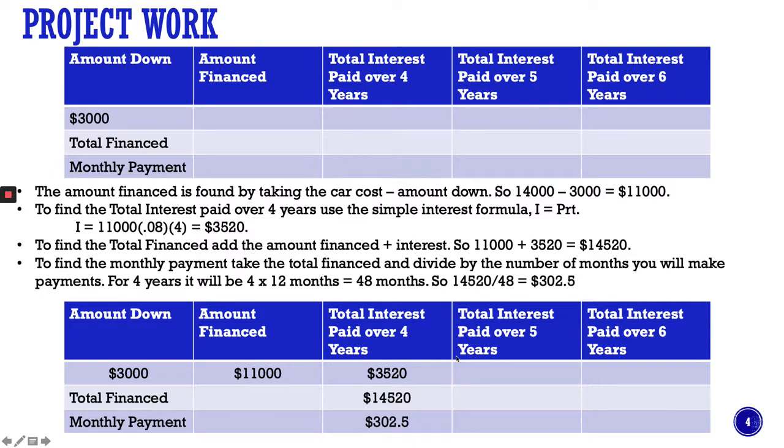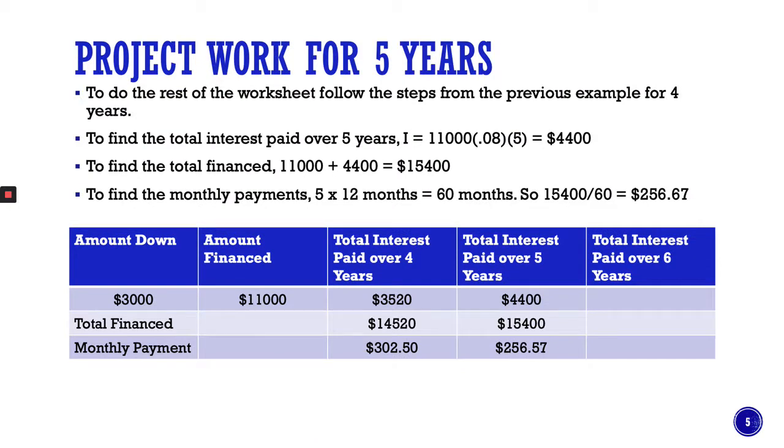Now we're going to do the same thing for the 5th year. So again, we're going to follow those same steps. The amount financed is still $11,000. It's still 0.08 times 5 because it's 5 years this time, which gets us an interest of $4,400. We'll add that to our $11,000 amount that we are financing, and we get $15,400 for our total finance right here.